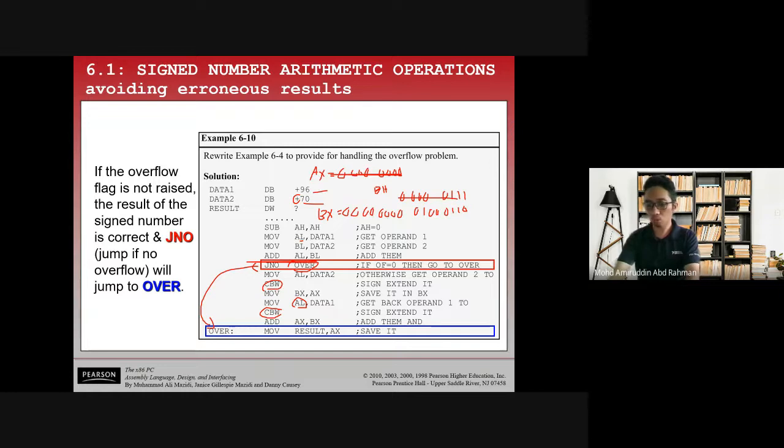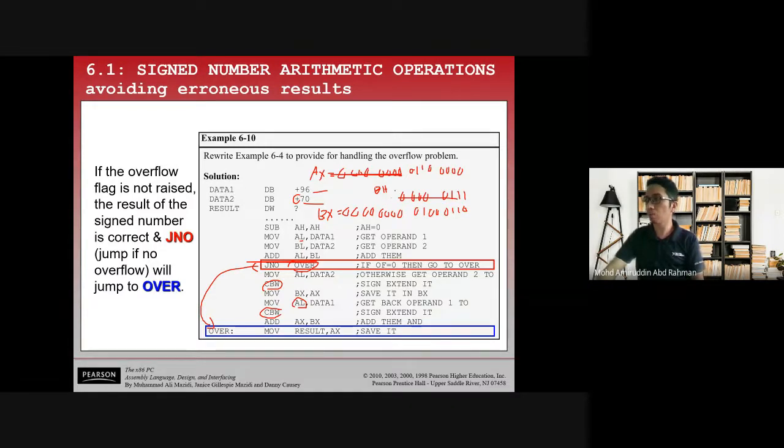So that's 2 to 6, and then 0, 1. 2 to 6 is 64. You minus that from 96. How much is left? You still have 32, which is 2 to 5. So 0, 1, 1, 0, and then 0, 0, 0, 0.